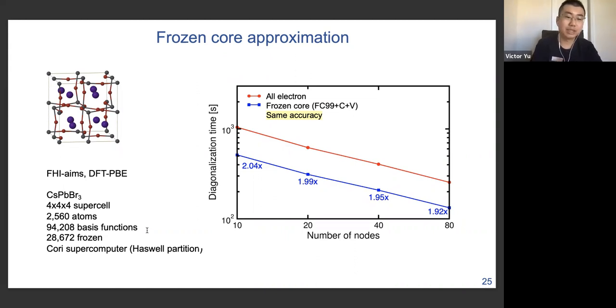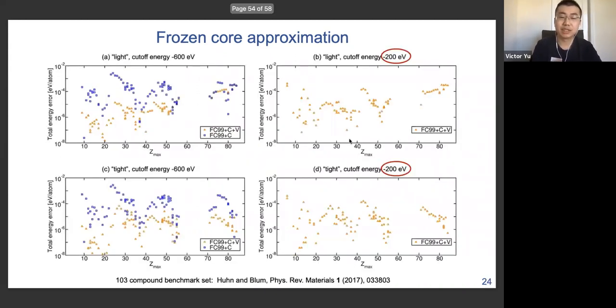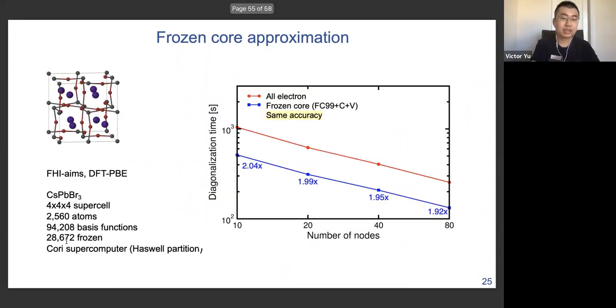By setting the cutoff energy to -200, I can keep 28,000 basis functions frozen, which reduces the size of the Kohn-Sham eigenvalue problem by about 35%.